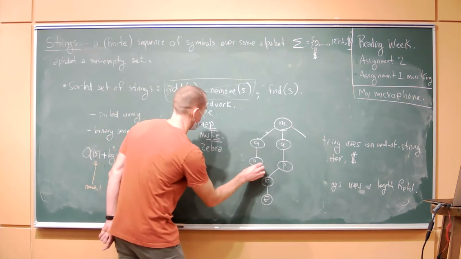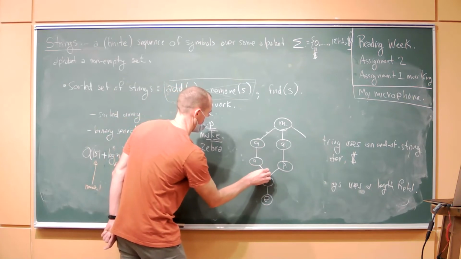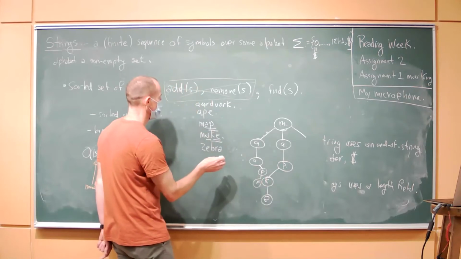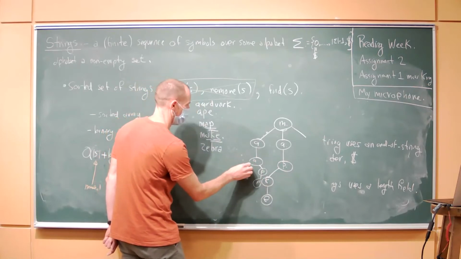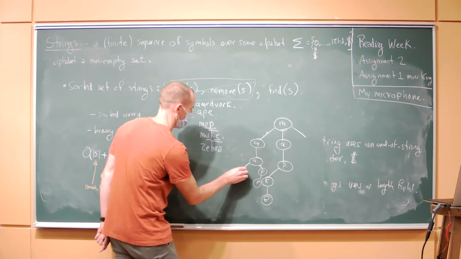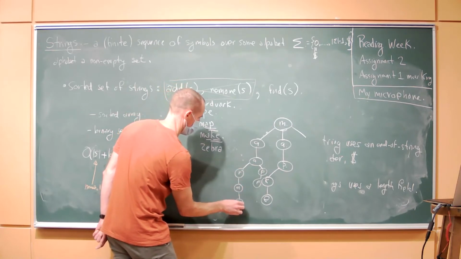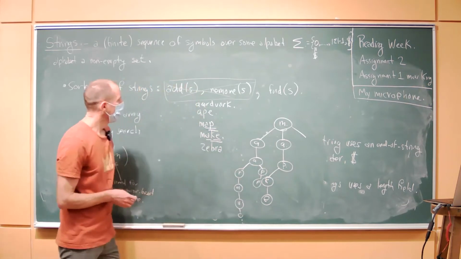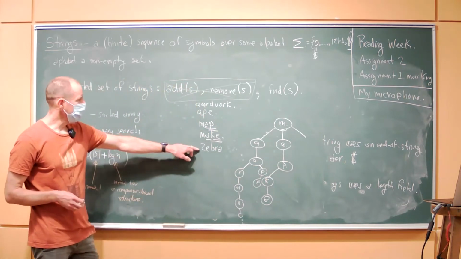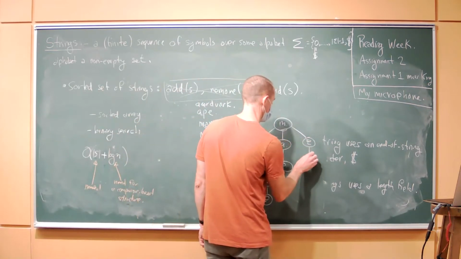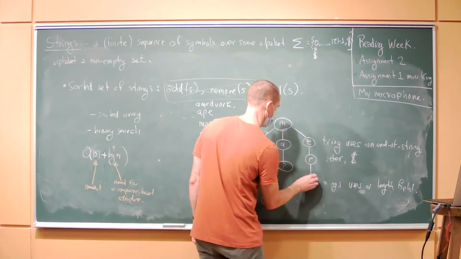And that means that ape is going to go over here. And aardvark is going to go over here. And then finally on this side, we have zebra, which is only one string the whole way down.